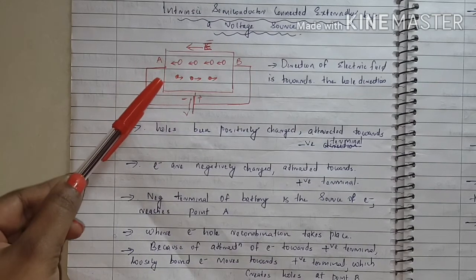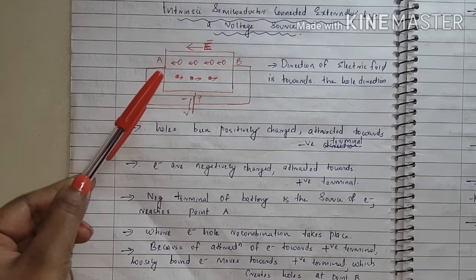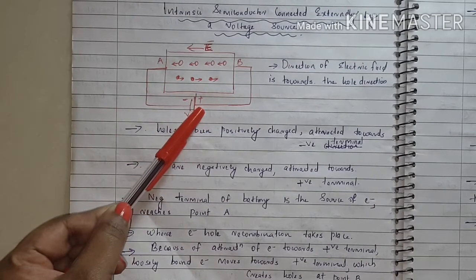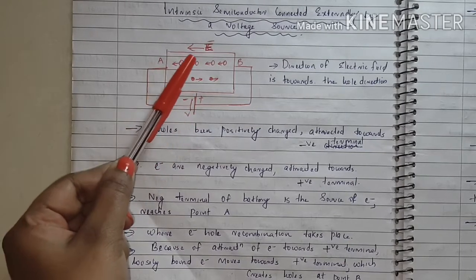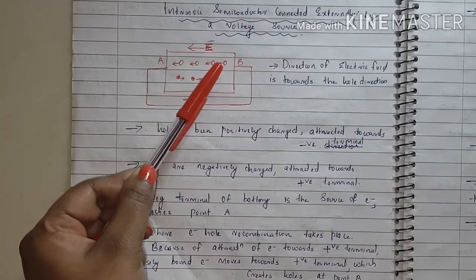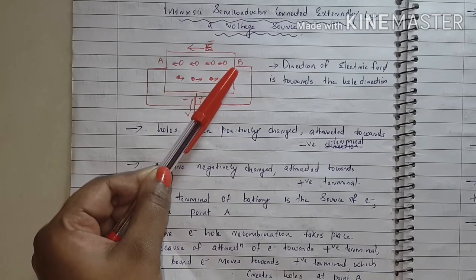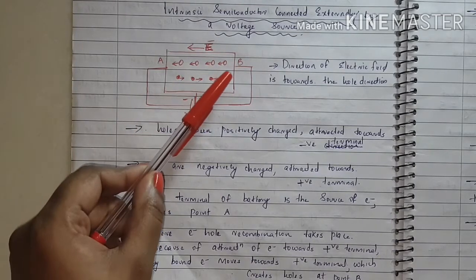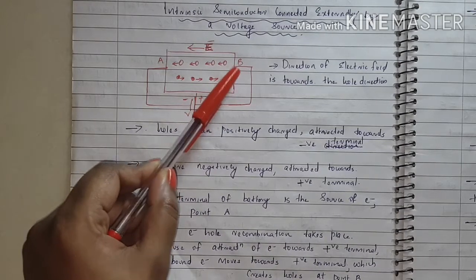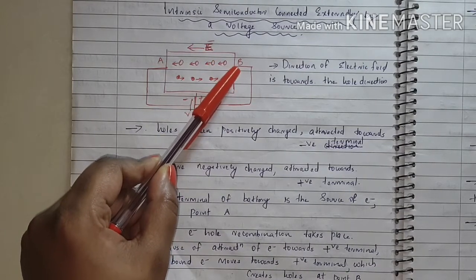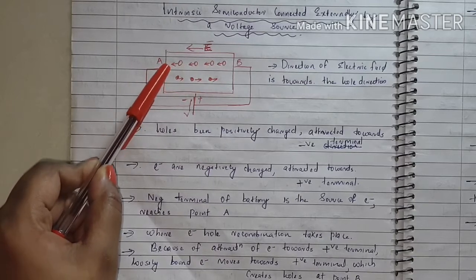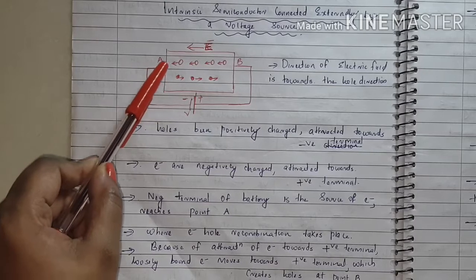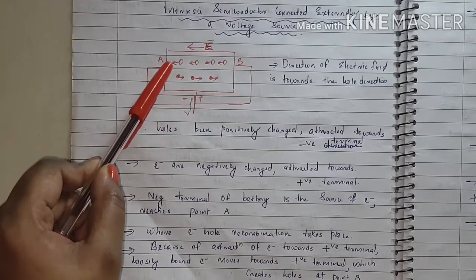Some of the loosely bound electrons get attracted towards the positive terminal of the battery, reaching point B, creating holes at point B. These holes, being positively charged, move towards point A, where they again recombine with the electrons from the negative terminal of the battery.